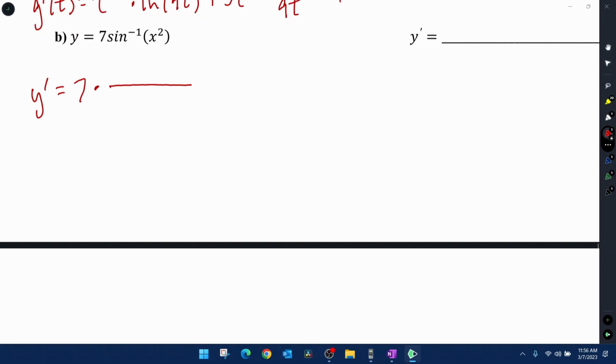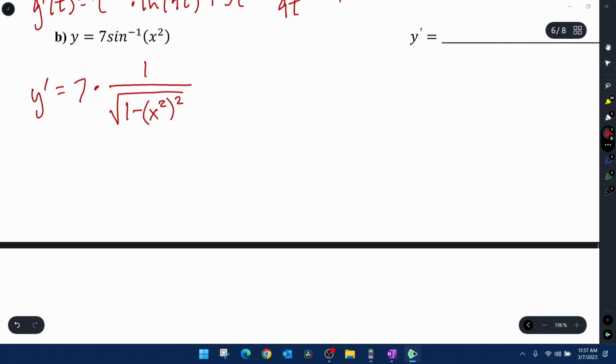In your formulas, what is the derivative of inverse sine of x? 1 over the square root of... Can anybody verify? I just would like verification. In your notes, is the derivative of inverse sine of x 1 over the square root of 1 minus x squared?